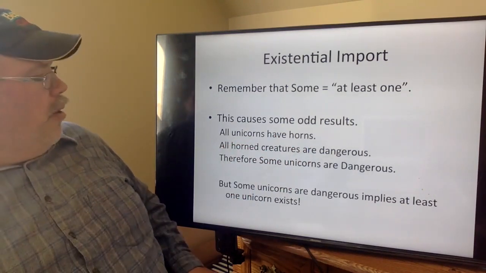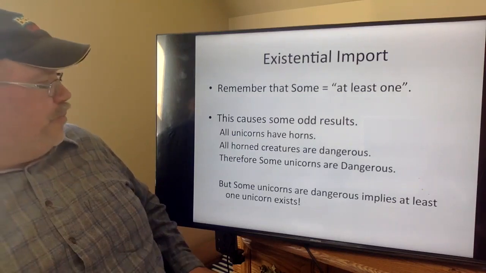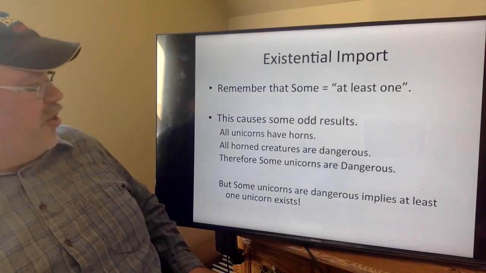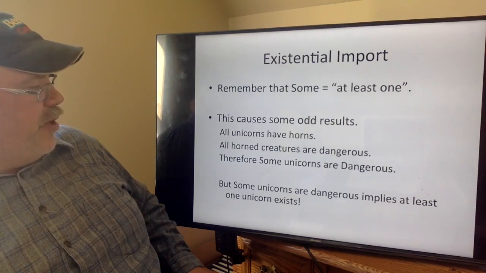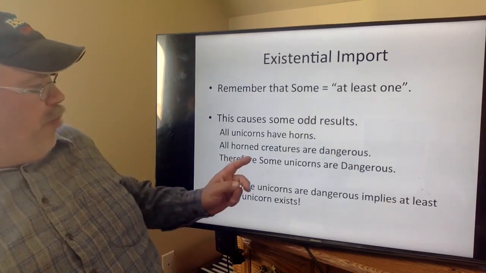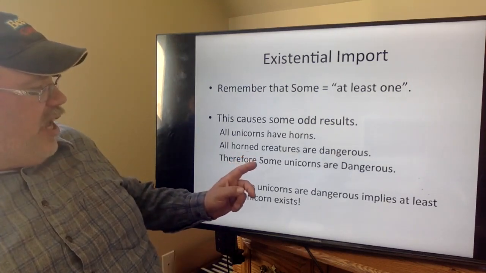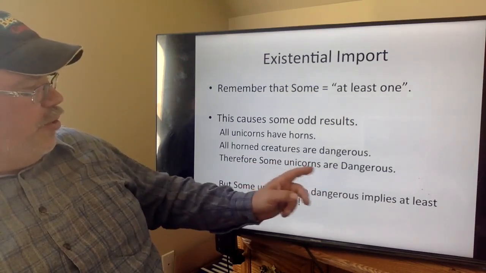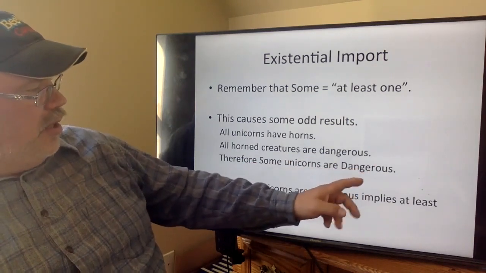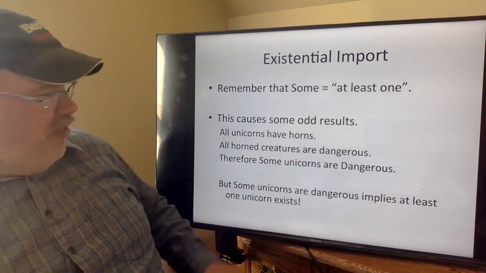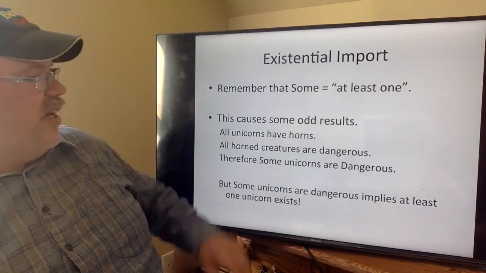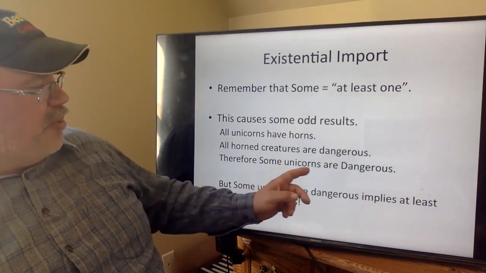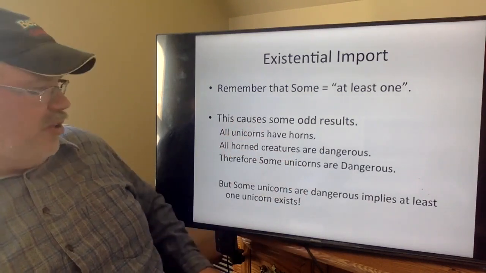Check. Rule 3, terms in the conclusion must be distributed in the premise in which they occur. The conclusion is an I-form statement, so neither unicorn nor dangerous is distributed. So we pass that by default. If it's not distributed in the conclusion, anything goes in the premise.